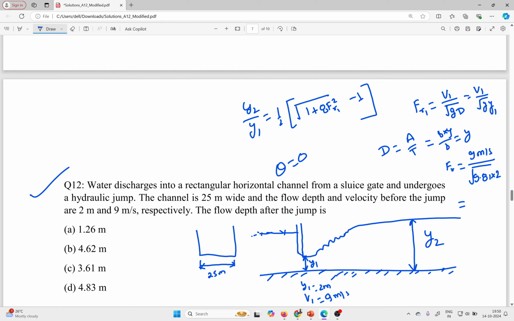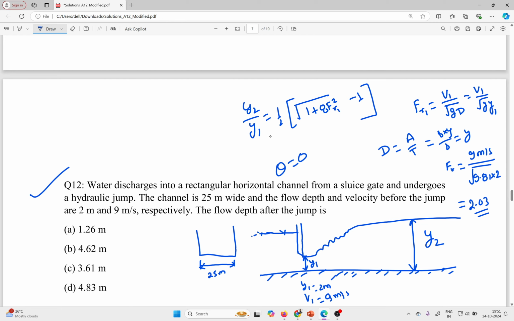When you calculate, let me calculate: 9.81 into 2, root over, 4.43. 9 divided by 4.43, it will come Fr is equal to 2.03.